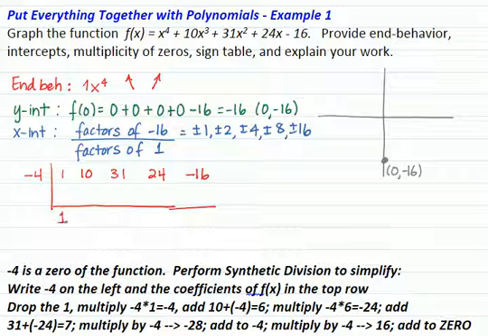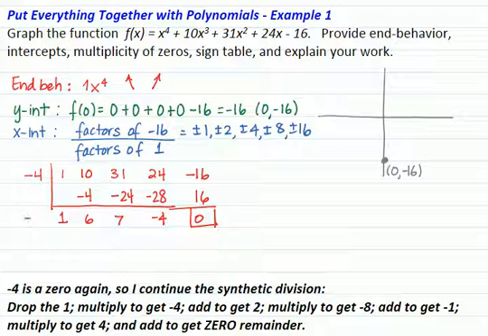Drop the 1, multiply by negative 4, add 10 with negative 4, multiply by negative 4, add 31 with negative 24, that's a 7, multiply with negative 4, add, that's a negative 4, multiply, that's a positive 16, remainder equals 0. Great, this indicates that negative 4 is indeed a zero.